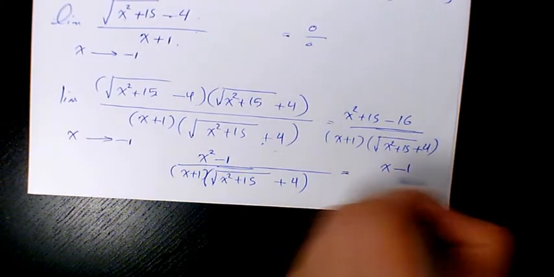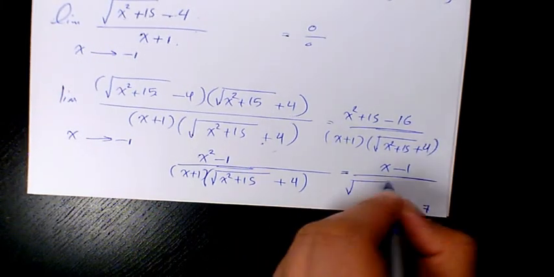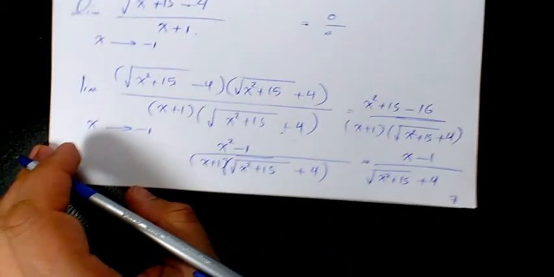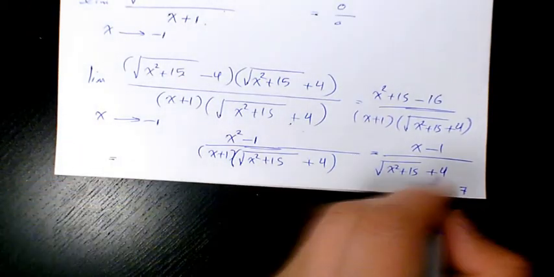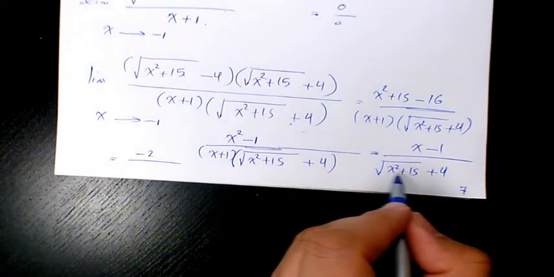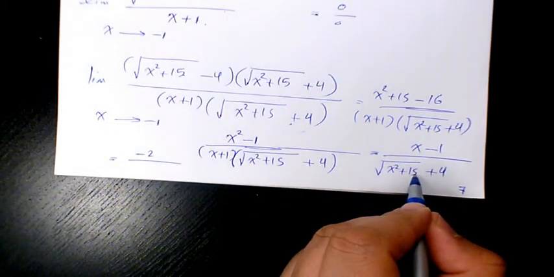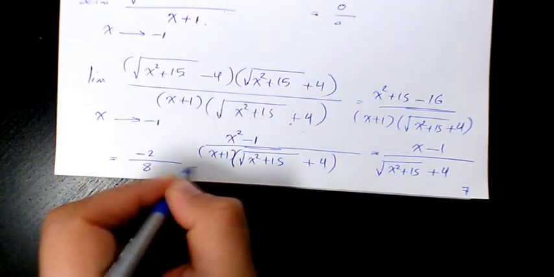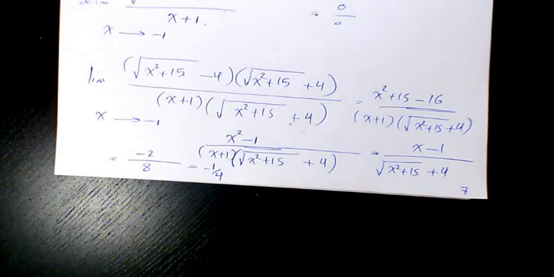You have (x minus 1) over (square root of x squared plus 15 plus 4). So the limit will be negative 2 over, 1 plus 15 is 16, square root of 16 is 4, 4 plus 4 is going to be 8, so it's going to be negative 1 over 4 is the limit of this example.